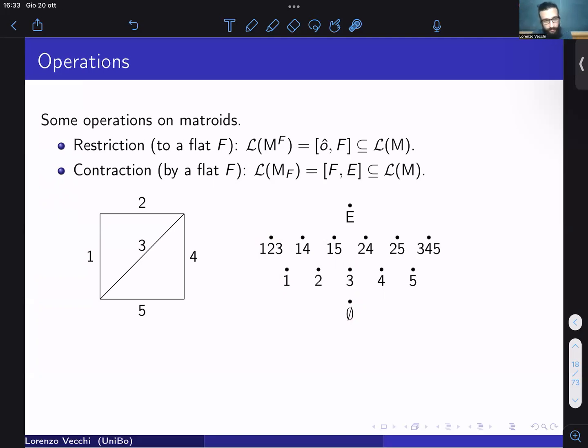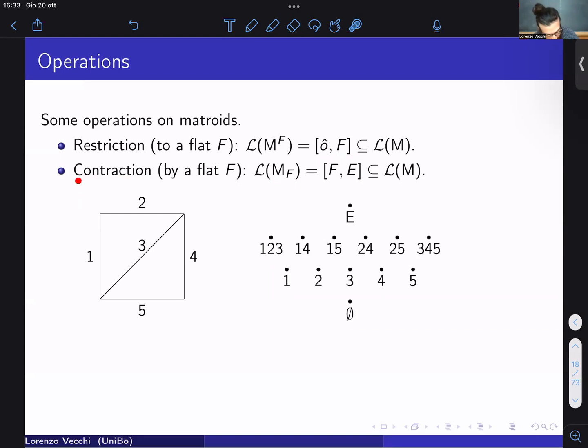My second operation is the contraction by a flat. And again, I'm going to build the matroid by stating what the lattice of flats will be like. The matroid will be denoted with M lower F, and its lattice of flats will be isomorphic to the interval that starts from F and goes up until the whole ground set, the maximal element.